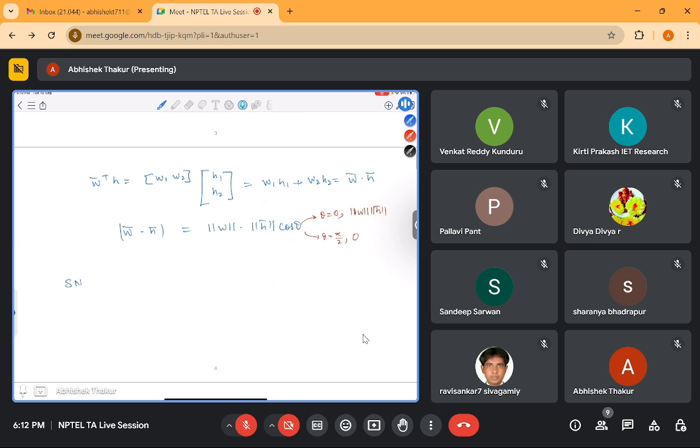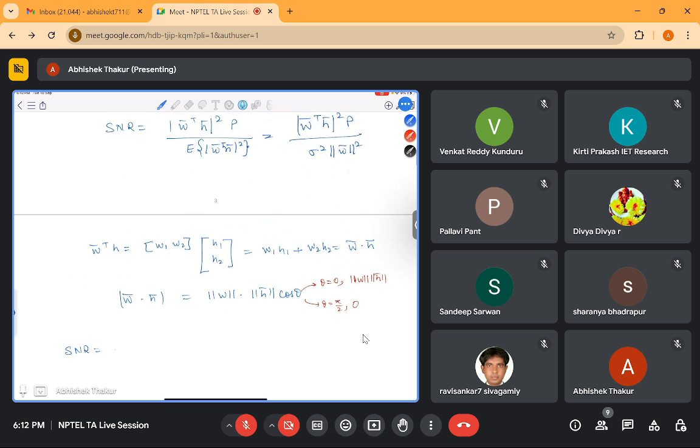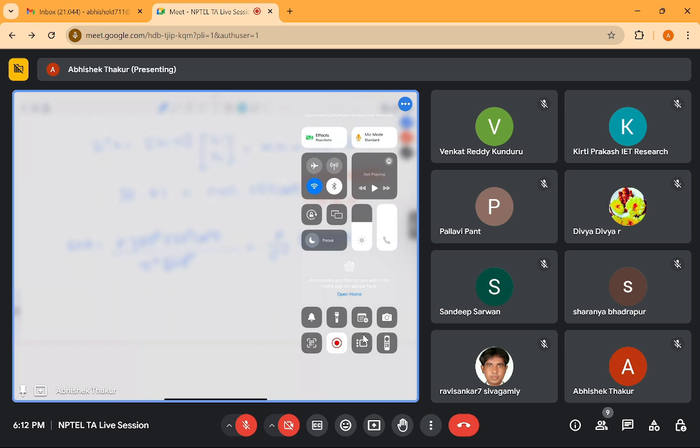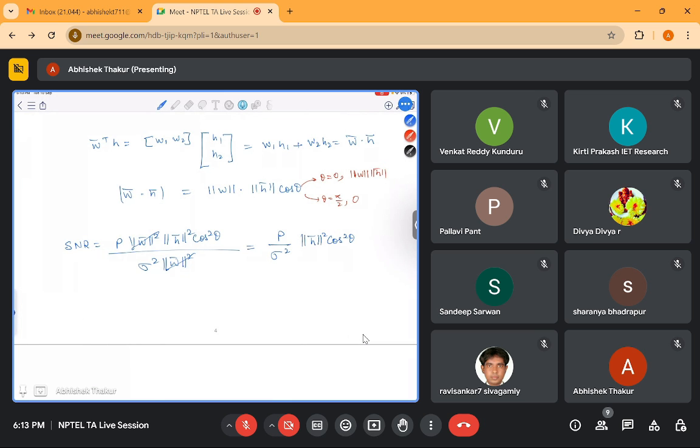So finally our SNR will be P into the magnitude squared terms times cos square theta, and this SNR will be maximum when cos square theta is maximum, that is at theta equal to 0.